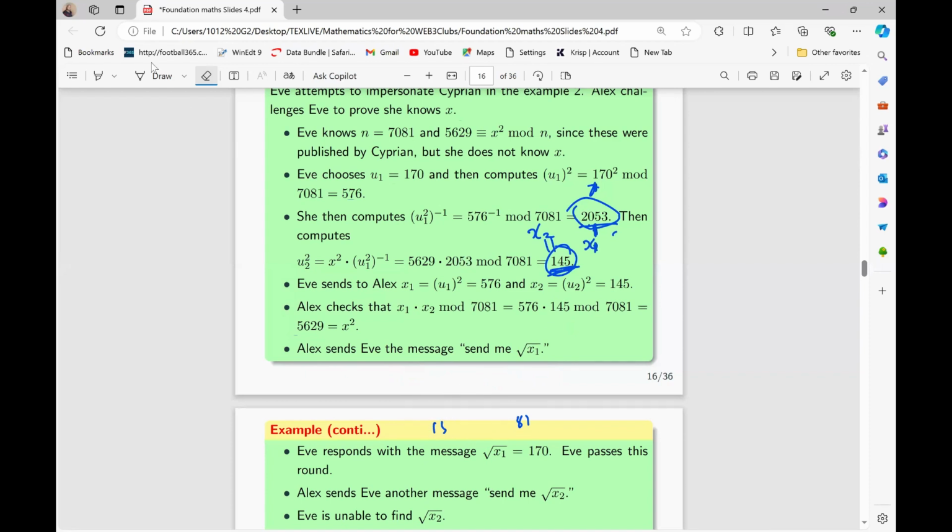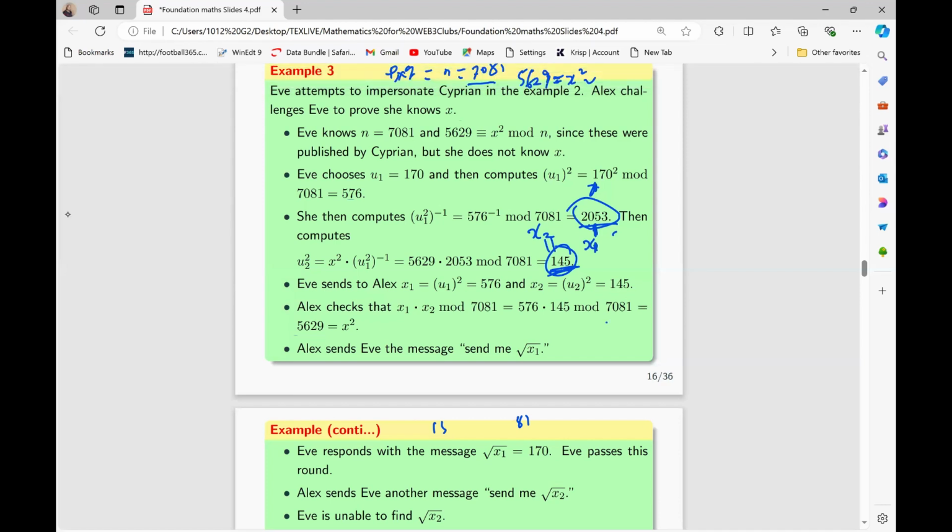And what is x squared? X squared was a product of two numbers. So for you to know x, you must know the square root of this and the square root of this. So if you know the square root of these two, it means you know the square root of x squared, because their product gives you x squared.